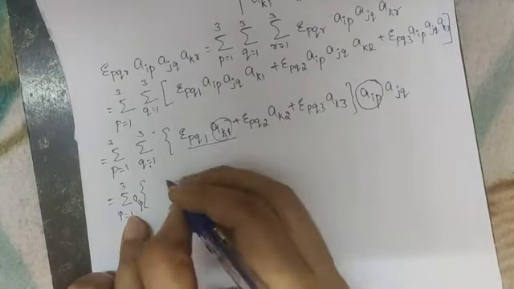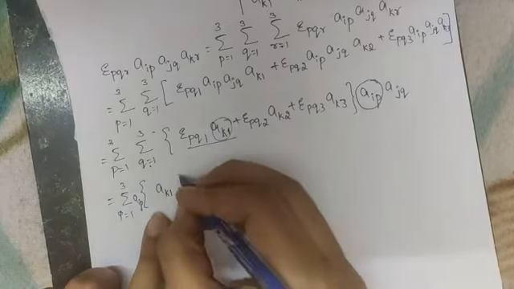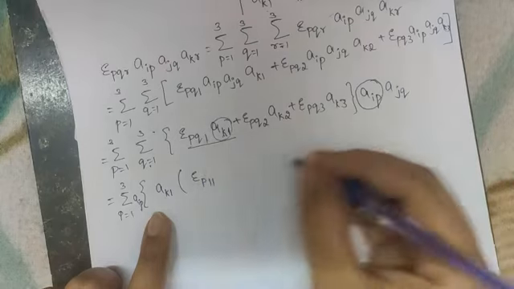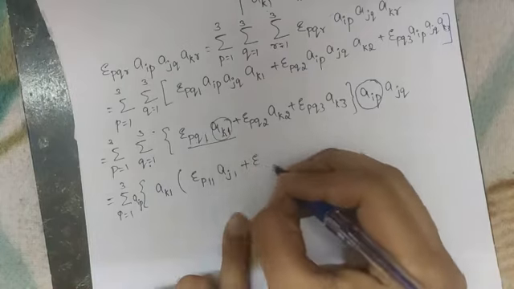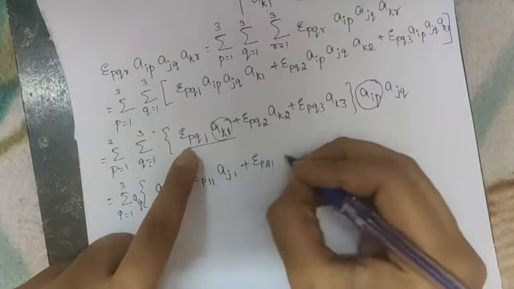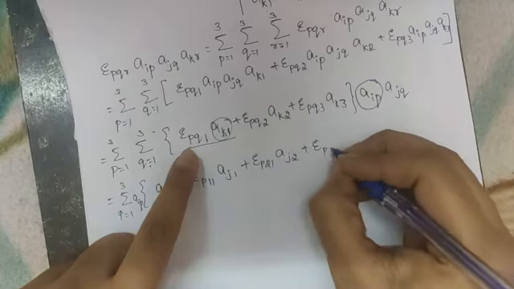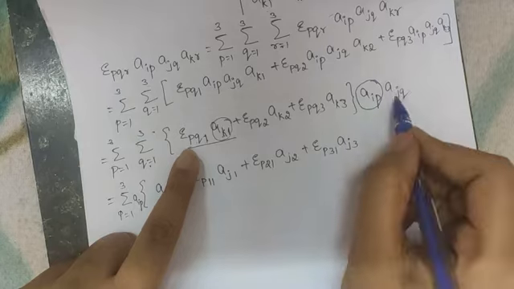So in the first term I will take ak1 as common into epsilon p11 aj1 plus epsilon p21 aj2 plus epsilon p31 aj3. This is the first term.